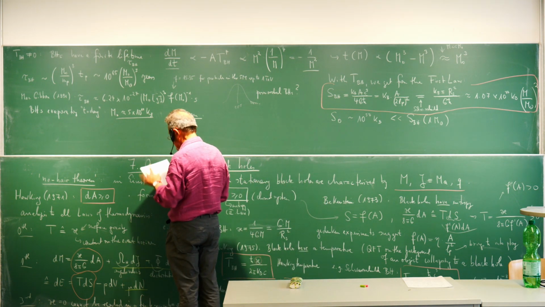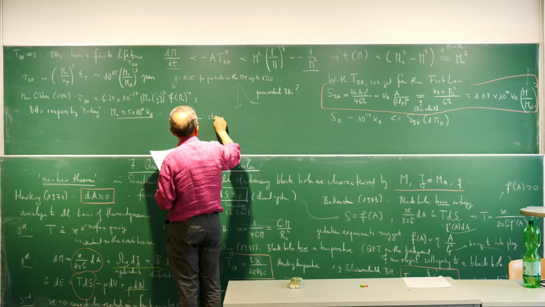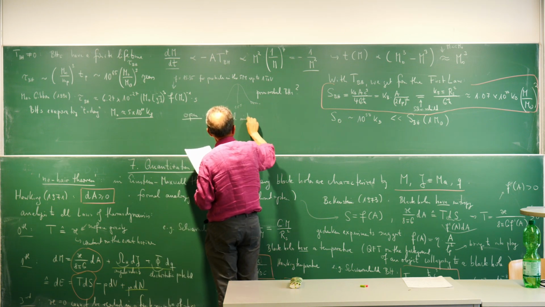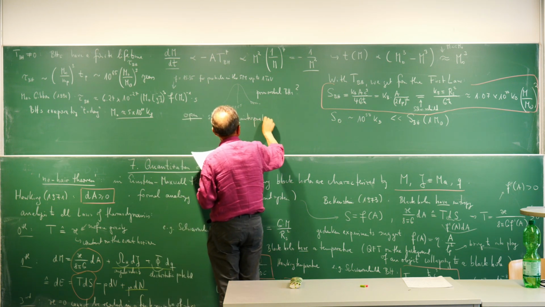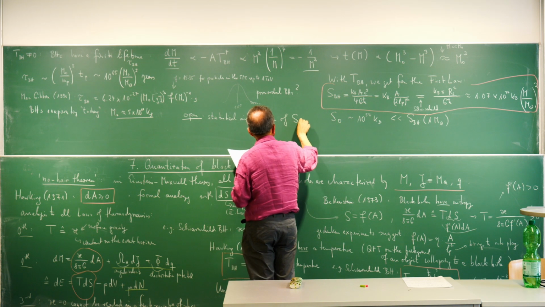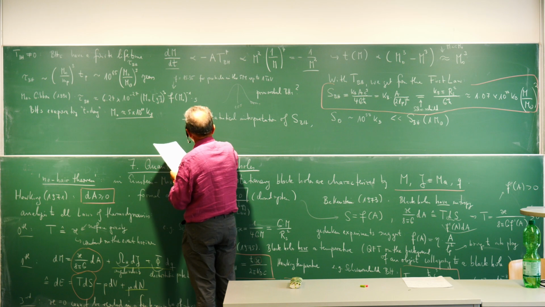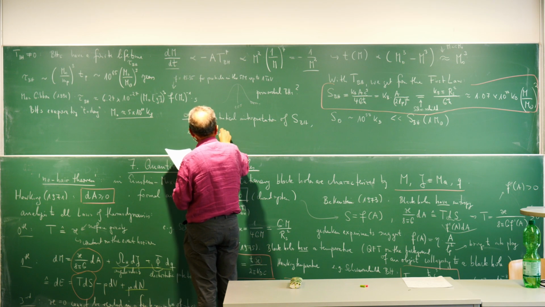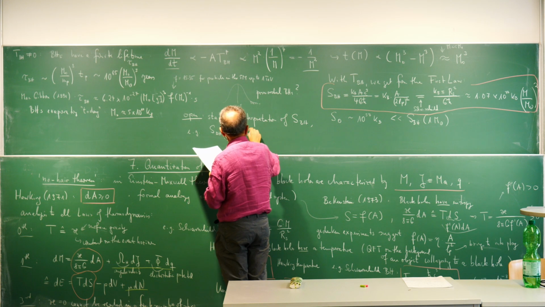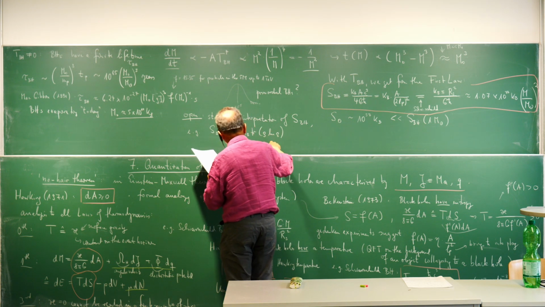I will give you one example later, but open is the statistical interpretation of S_BH. For example, that S_BH can be calculated by the following formula: minus k_B trace rho log rho from statistical physics.